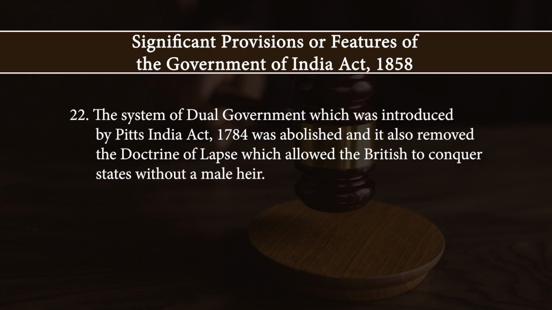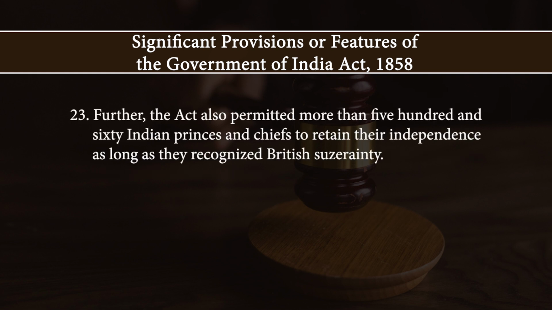Then, the system of dual government, which was introduced by Pitt's India Act 1784, was abolished, and it also removed the doctrine of lapse, which allowed the British to conquer states without a male heir. Further, the Act also permitted more than 560 Indian princes and chiefs to retain their independence as long as they recognized British suzerainty.